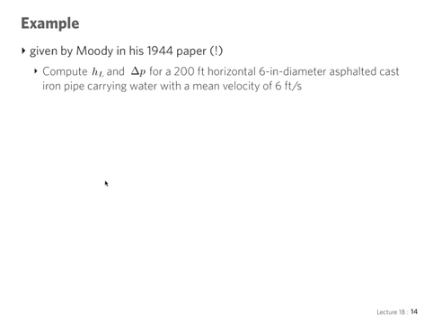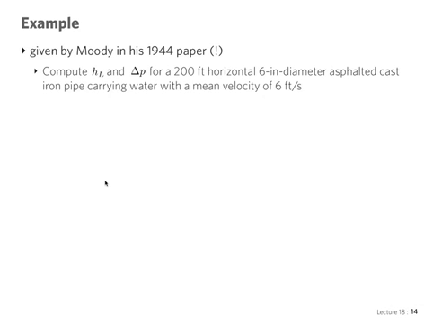So compute the head loss and the pressure drop for a 200 feet horizontal 6-inch diameter asphalted cast iron pipe. It's a typical pipe used for moving water around. And the water is moving at a mean velocity of 6 feet per second. So that would be a typical application of water distribution.